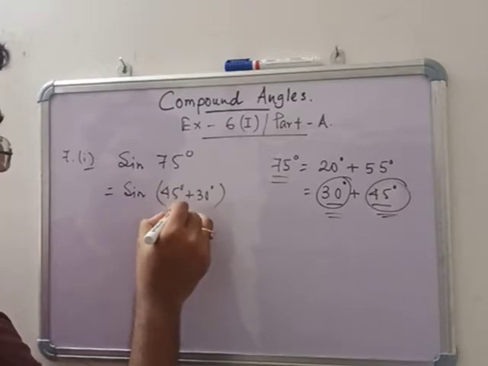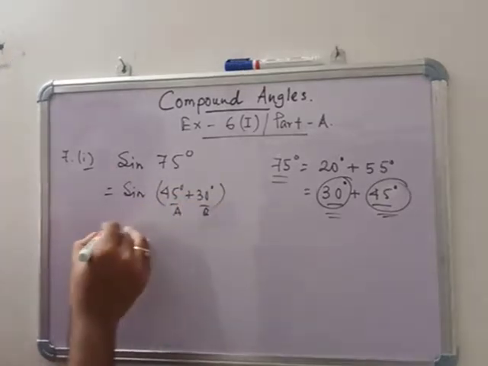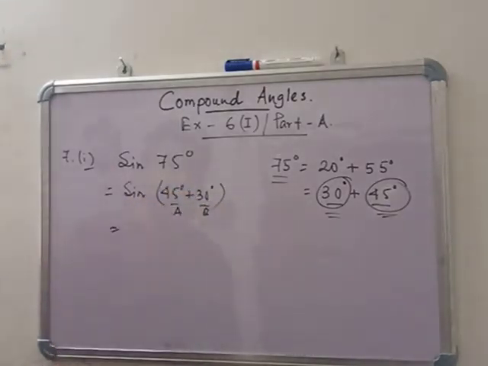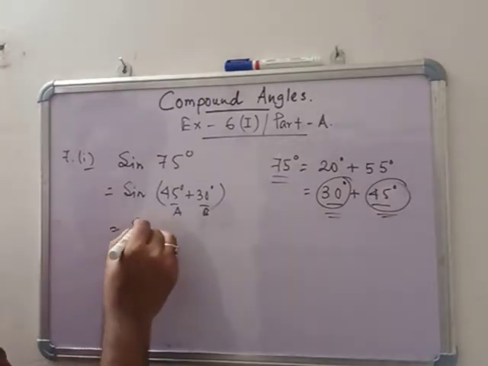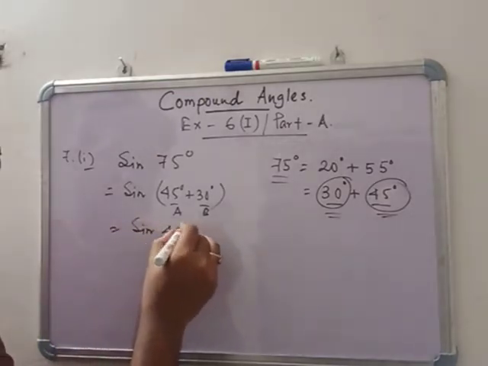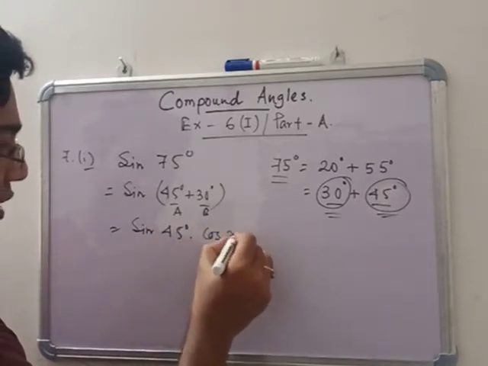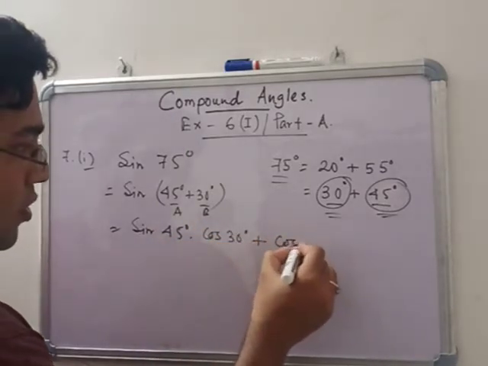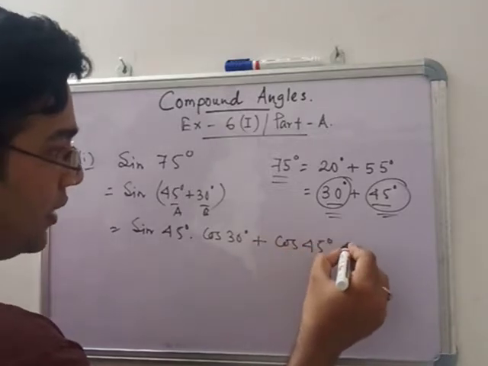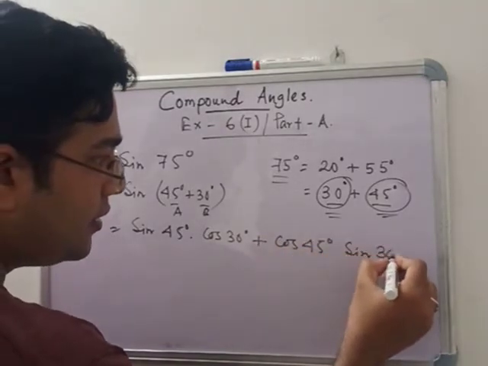So you can write 75 as 45 plus 30. That means this is A and this is B. So sine (A plus B) means sine 45 degree cos 30 degree plus cos 45 degree sine 30 degree.